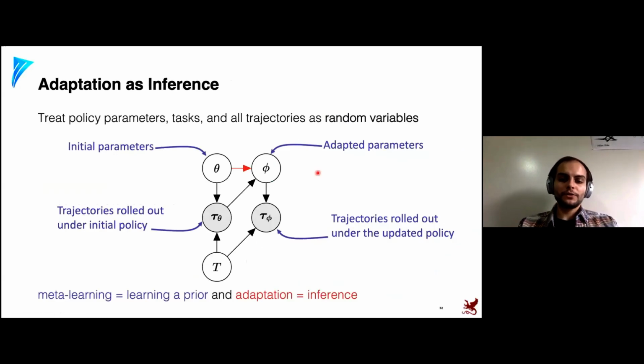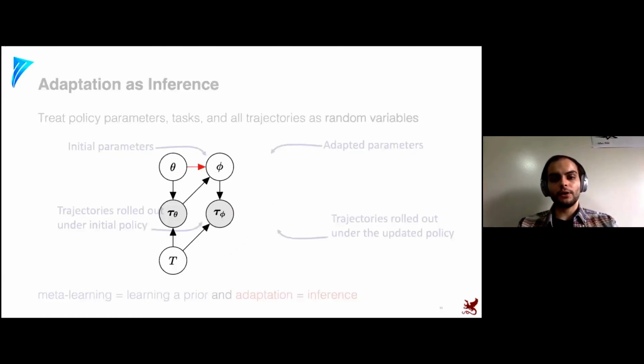Well, first of all, let's start from the graphical model that I just introduced. I said it's going to be handy for us to use later, because the beauty of graphical models is that you can put all the variables on the canvas, or on the slide, on the whiteboard, and reason about what are the variables in the system. In this case, we have a single task, or sort of independent tasks, and a bunch of dependent variables such as trajectories and the parameters of the policies or parameters of the Q function.